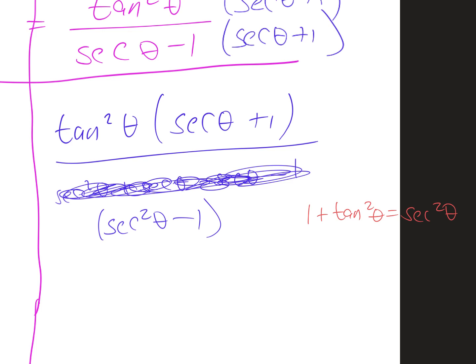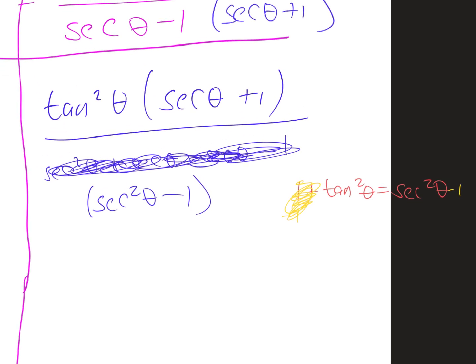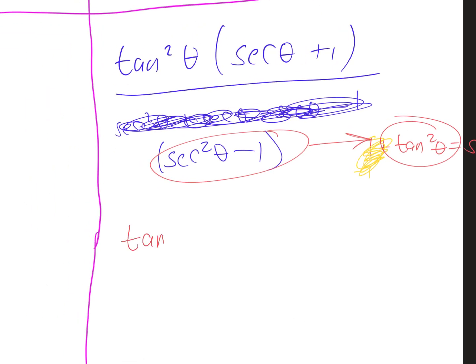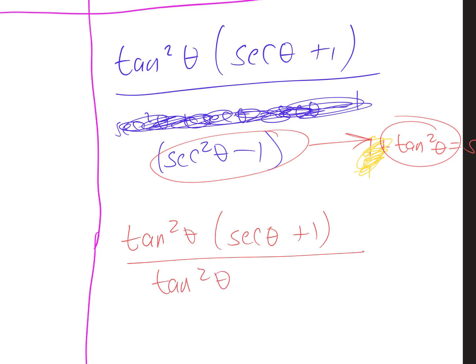How come? I could subtract the 1. Great, Judith. Subtract the 1 from both sides. So what does secant squared minus 1 actually equal? Tangent squared. Everybody see that? So I'm going to replace this with that. So I have my numerator of tangent squared theta times secant theta plus 1 over a denominator of tangent squared theta.